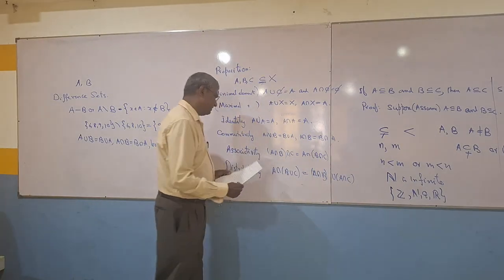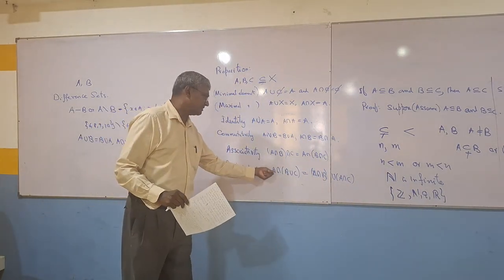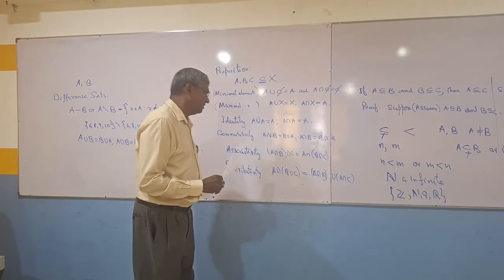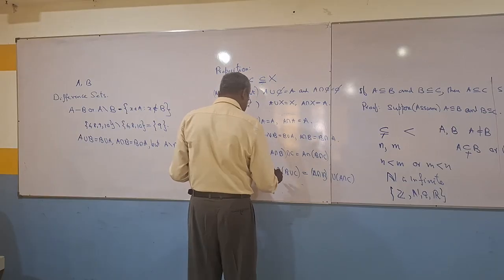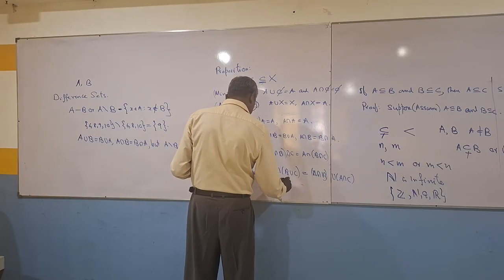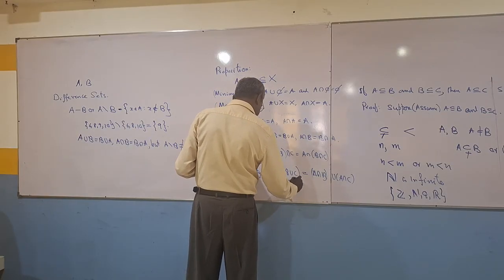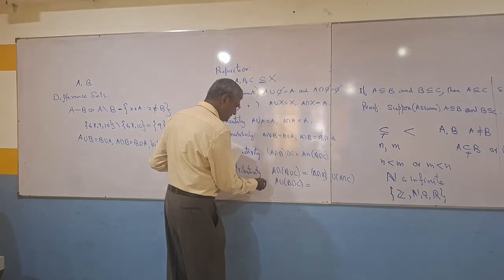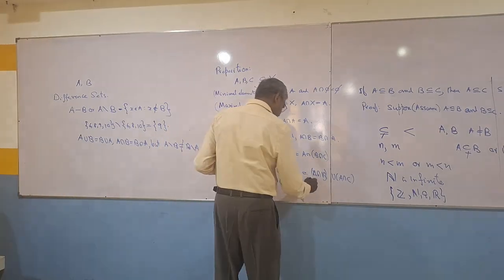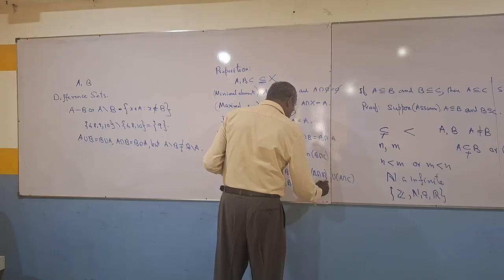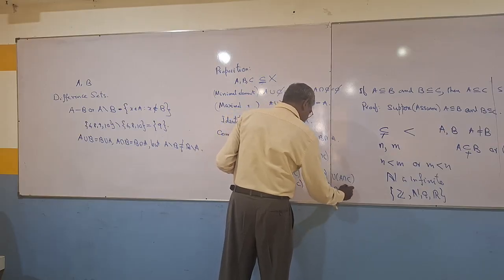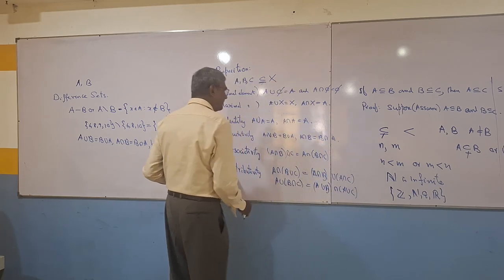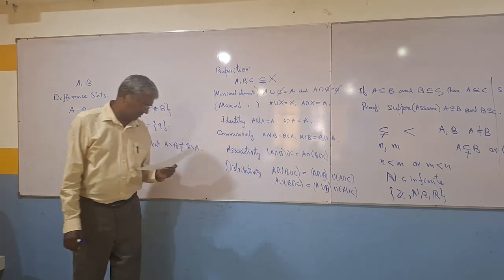That's why we call it distributive: A intersection is distributed to both B and C. And A union (B intersection C): then we distribute A union, and you get (A union B) intersection (A union C). So distributivity.